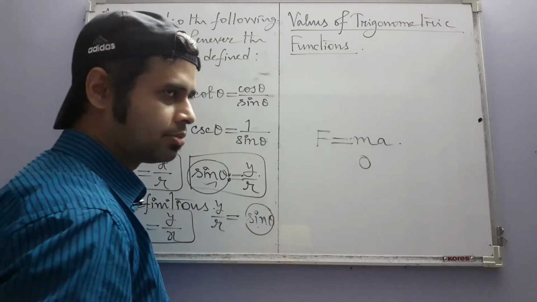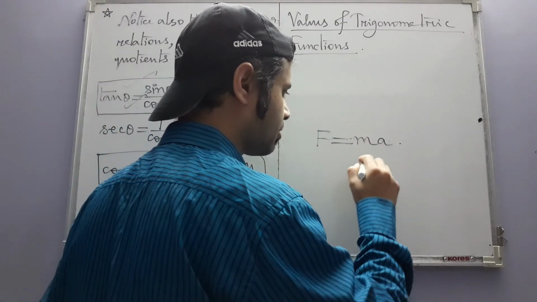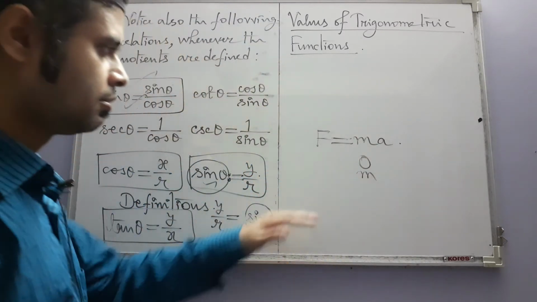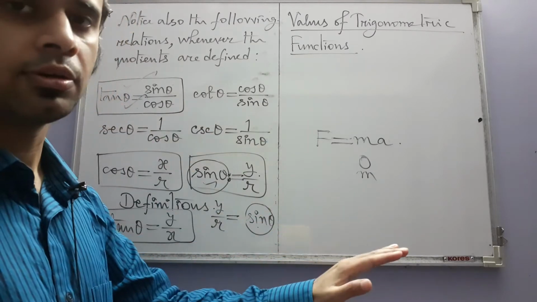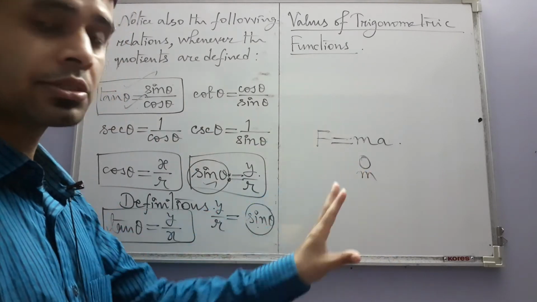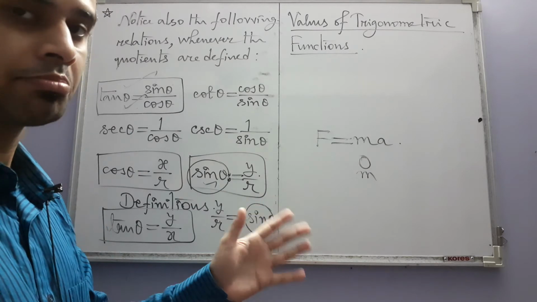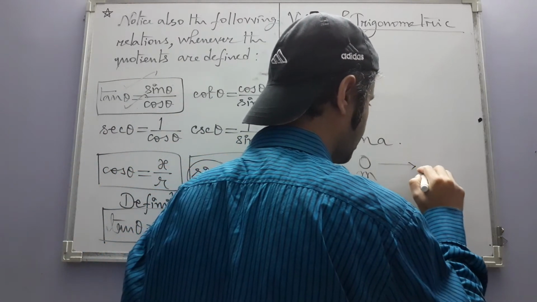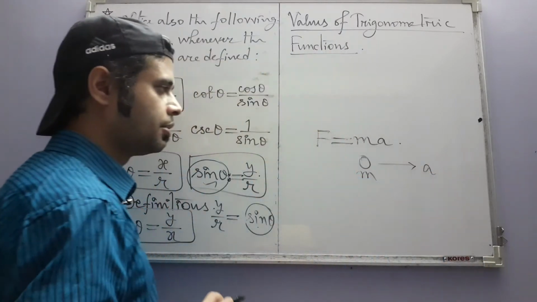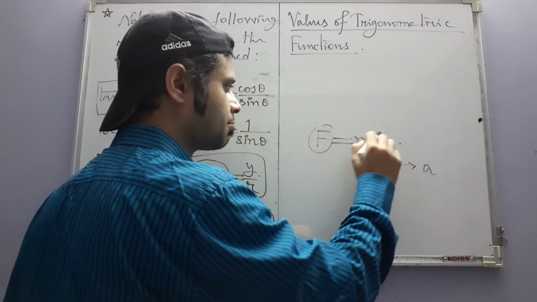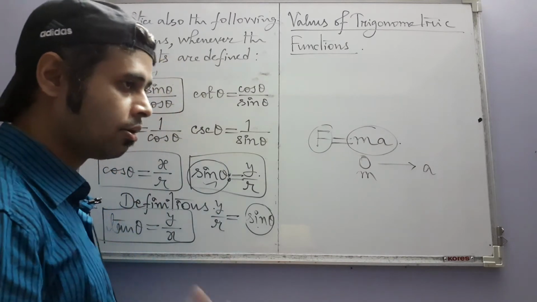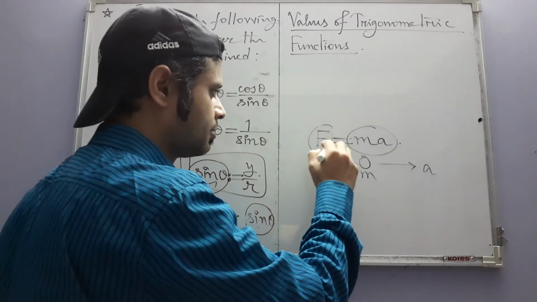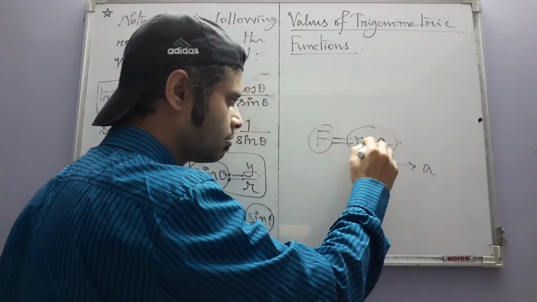It is of a manageable size, and some force is acting on it, and the mass does not change. There is no appreciable change in the mass, and it gains some acceleration a.